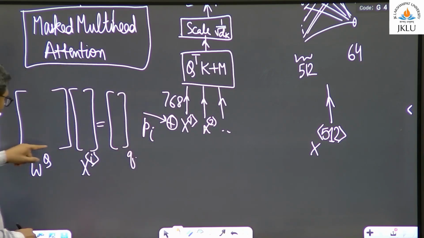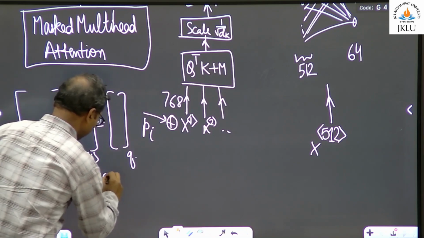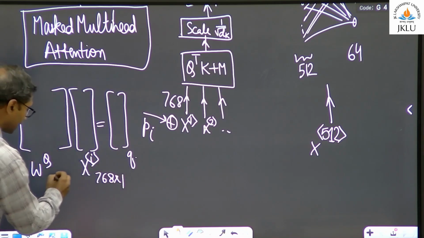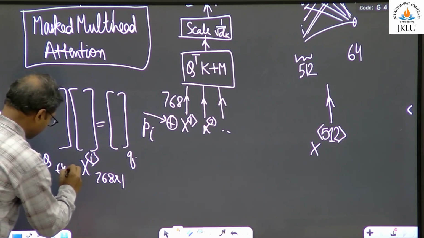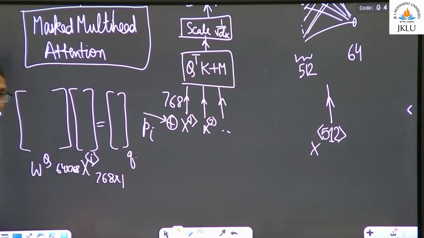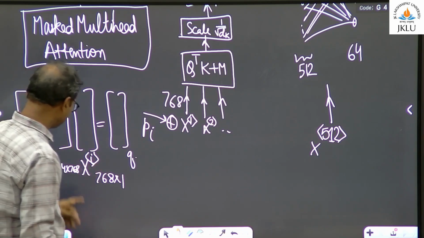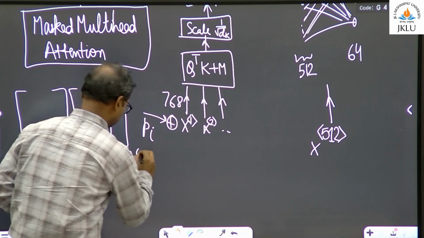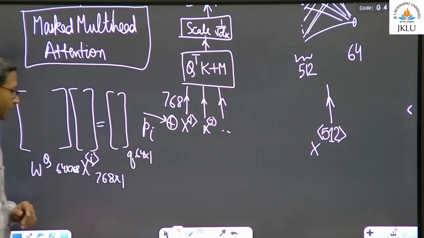This XI is 768 cross 1. This matrix has to be 64 cross 768. That is going to give me 64 cross 1.